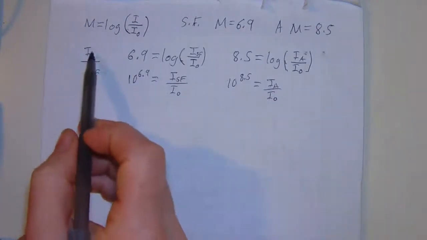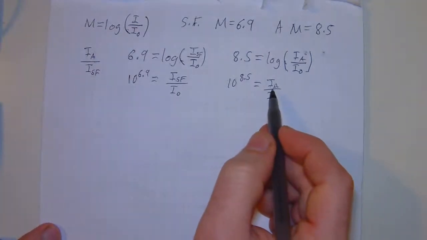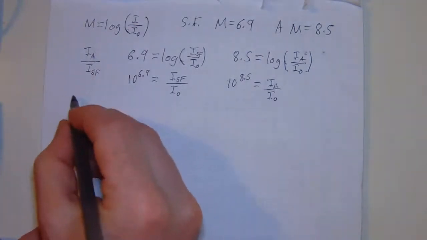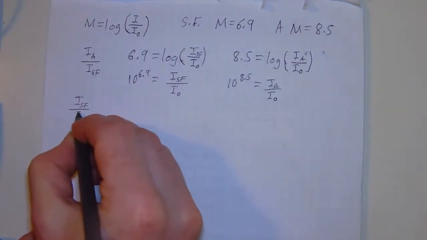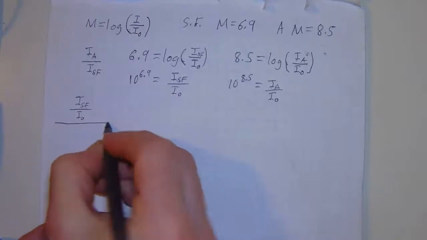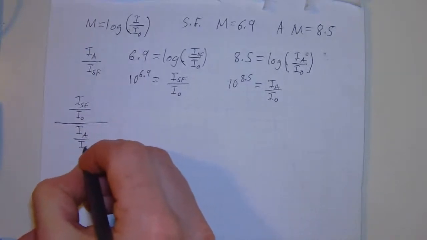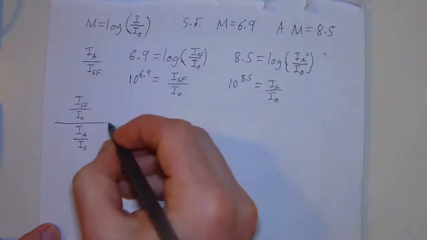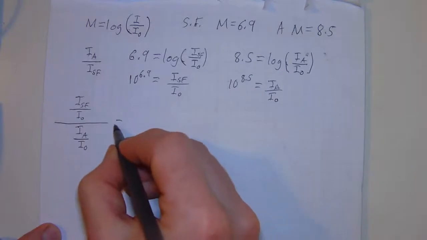So, okay, how do we get intensity of Alaska divided by intensity of San Francisco? Well, I can do I Alaska over I naught, all divided by I San Francisco over I naught. Sorry, Alaska on the top, San Francisco on the bottom. That's probably not the cleanest way to do this, but hopefully it will make some sense.